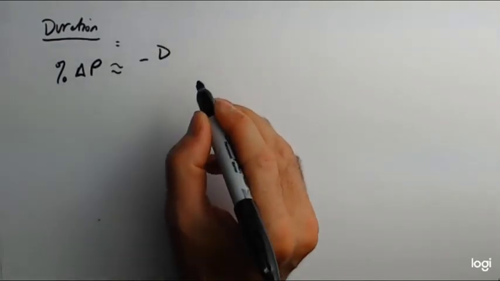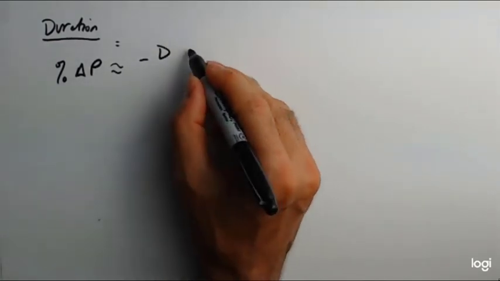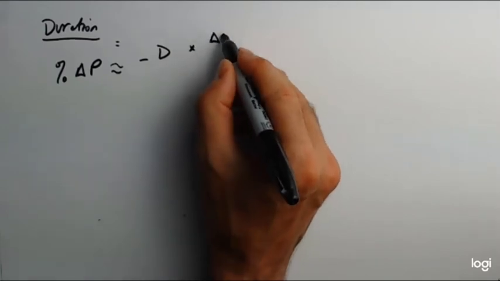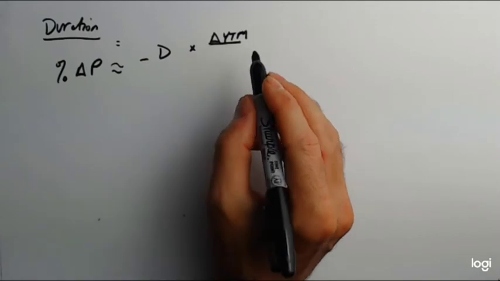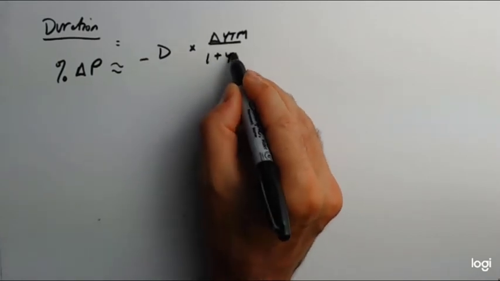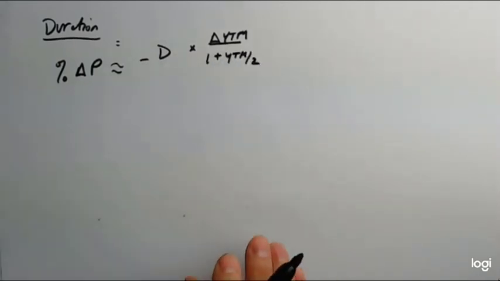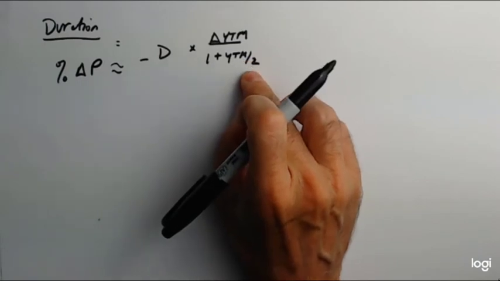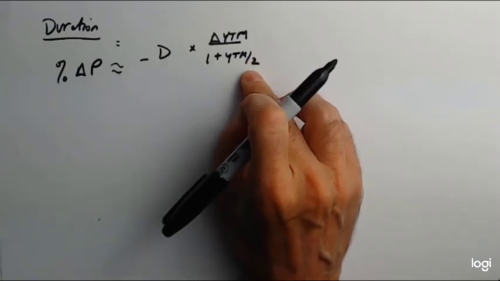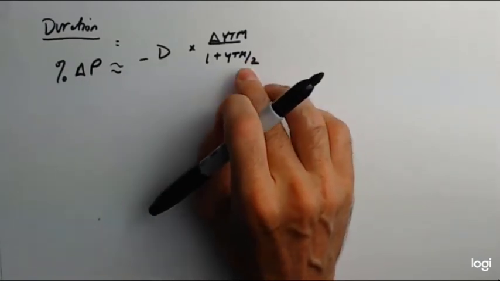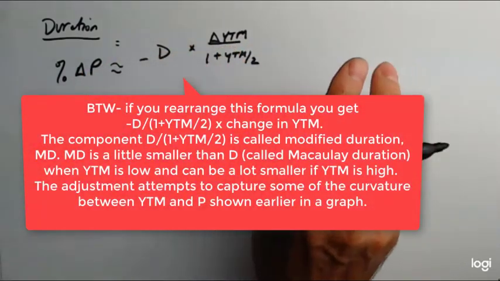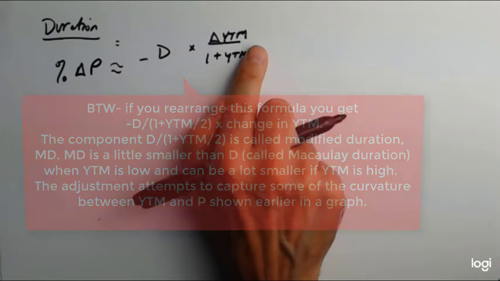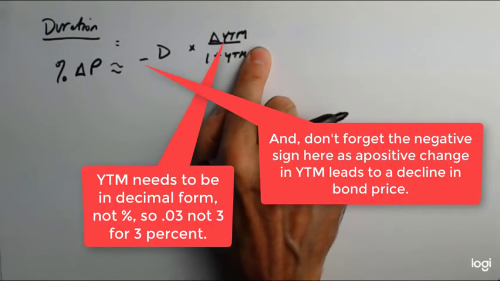To D, which is the duration measure, times a change in yield to maturity divided by 1 plus the yield to maturity divided by 2. So as soon as you see divided by 2, it's kind of telling you we're dealing with semi-annual bonds. And so I'm looking at this with a semi-annual bond. And if it wasn't a semi-annual bond, if it was an annual bond, you wouldn't have this little divide by 2.